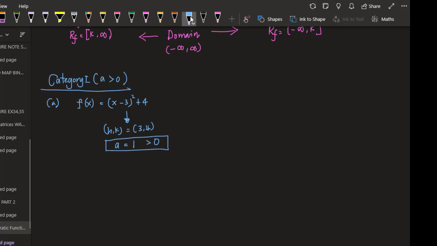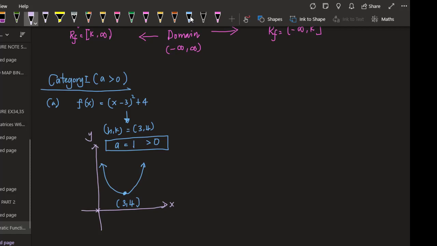How are we going to sketch the graph? You can sketch a curve that opens upward. Label the turning point as (3, 4). Then try to find where x and y are: x is 3, so it's about here, with the origin at (0, 0). You draw a horizontal line and a vertical line to represent the x and y axes.